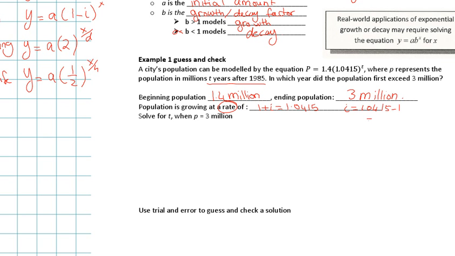You do 1.0415 minus 1. And then you have to multiply by 100 because you want it in percentage, so that would be 4.15%. You guys okay with that? So if it's asking for the rate, they want the percentage. If it's asking you for the factor, this number would be the factor. It's your growth factor.